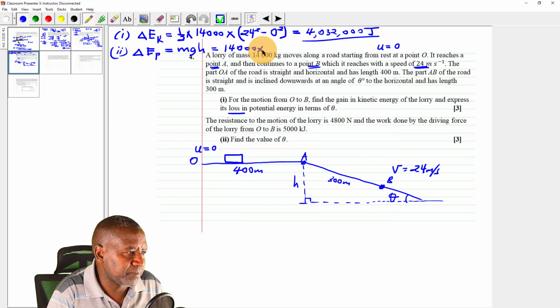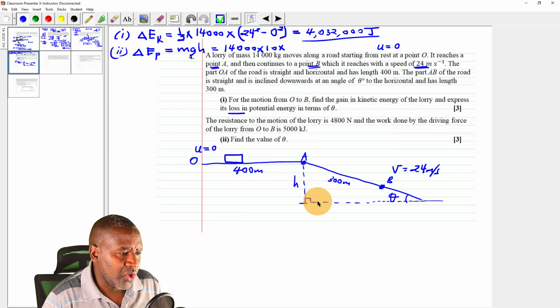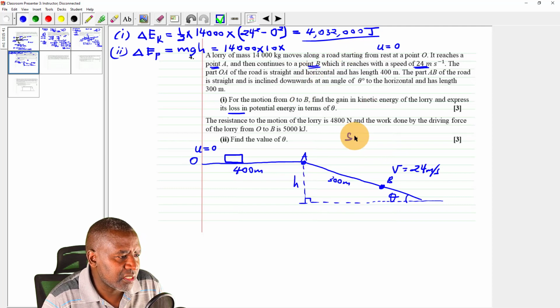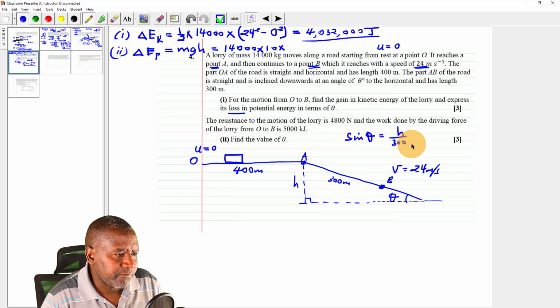What is my m? 14,000. What is the g? Ten. What is the h? I should know that sine of theta is equal to opposite over hypotenuse, 300. This implies that h is equal to 300 sine theta.